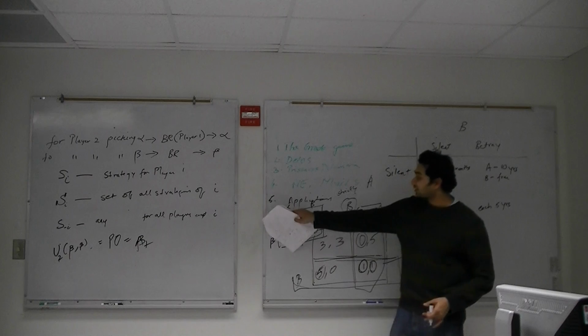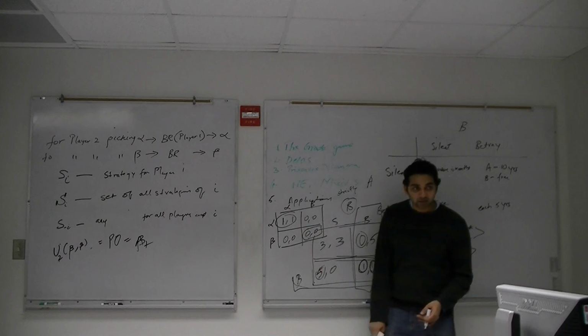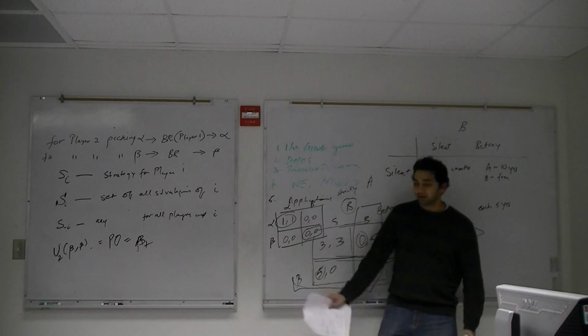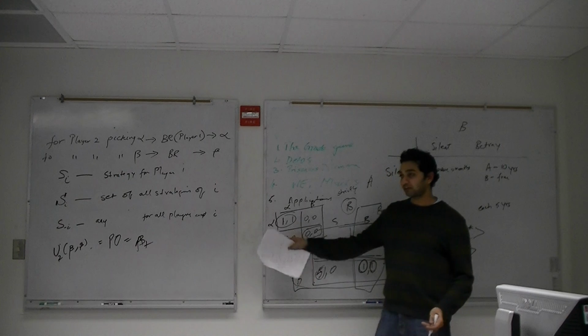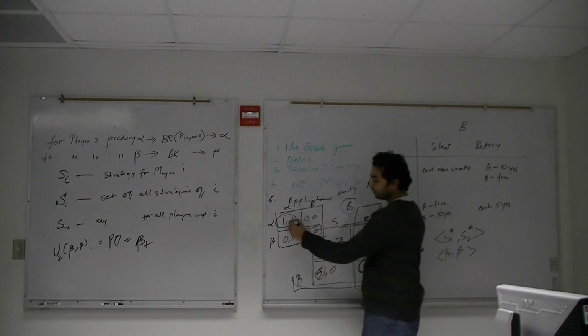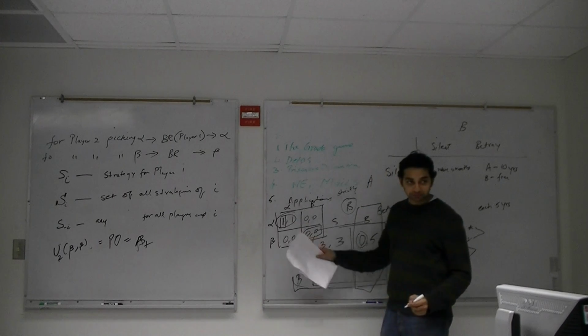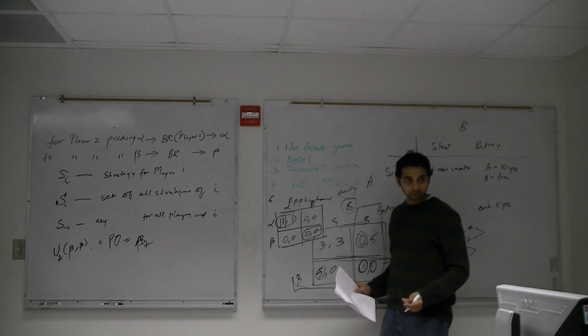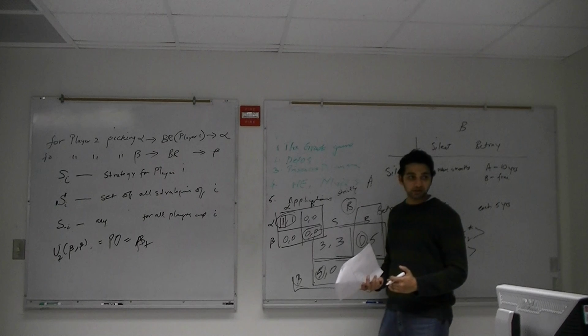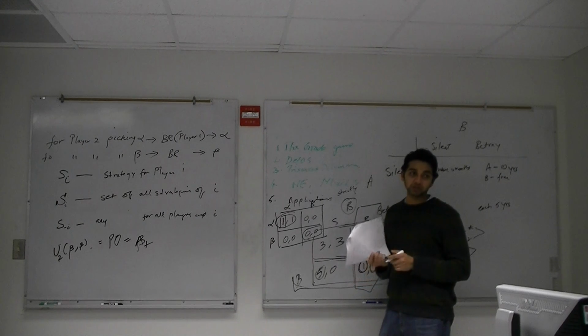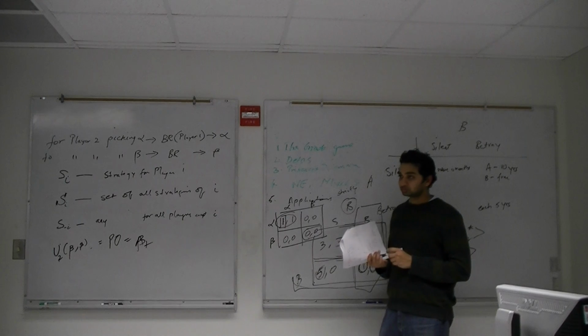Given my belief that player 2 chooses alpha, which one would I choose, alpha or beta? Alpha, right? 1 is greater than 0. Given your belief that player 2 chooses alpha, what would be my best response? Given that 1 is better than 0.